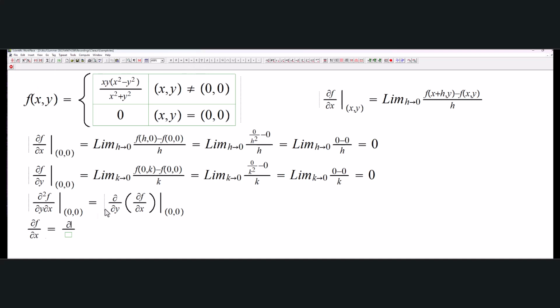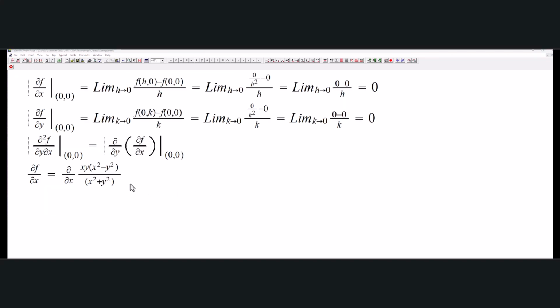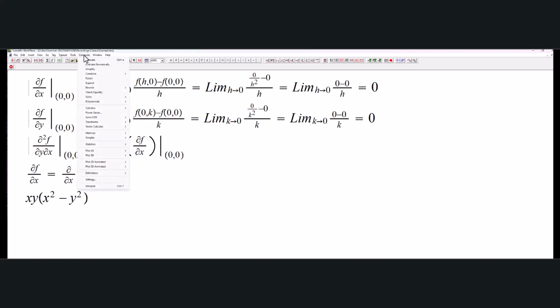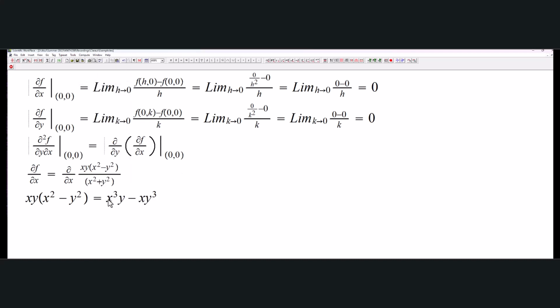So we have d/dx, and I shall not really take you through all the algebra. It will be easier if we distribute xy over x squared minus y squared, because that way it'll be much easier to handle.